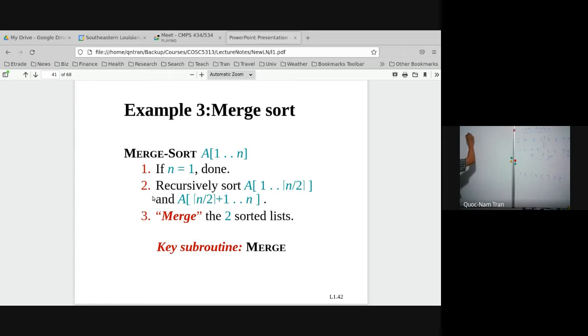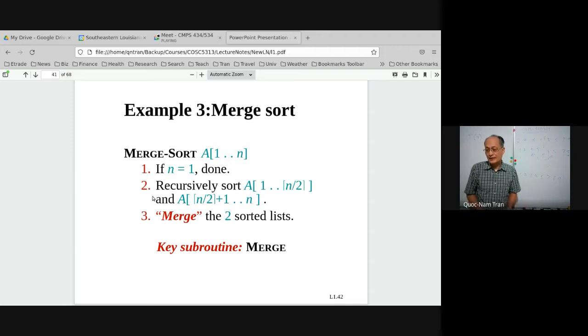I want to know what is T(n) for this merge sort. It looks like here I cannot actually count, because this algorithm is a recursive algorithm. So I don't know how many steps it takes for step number 2, for example: recursively sort the left, recursively sort the right.